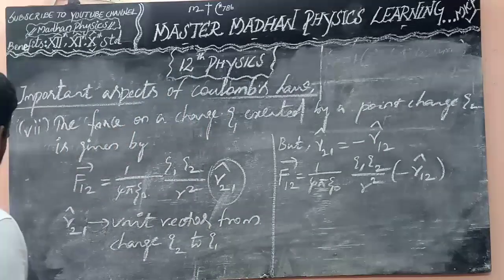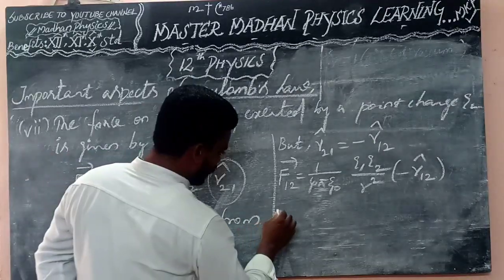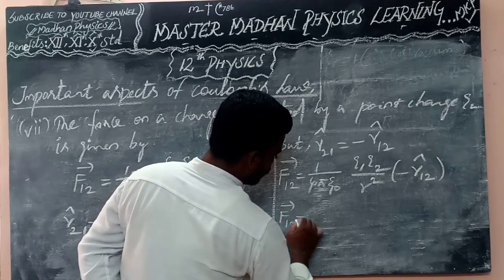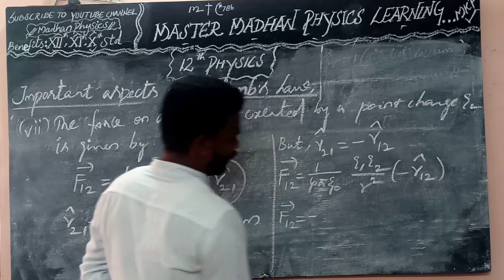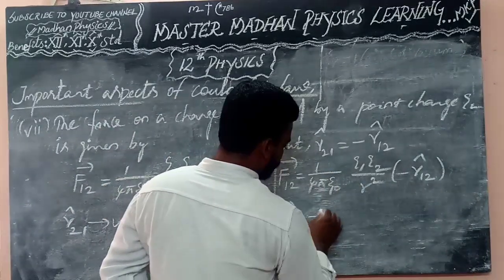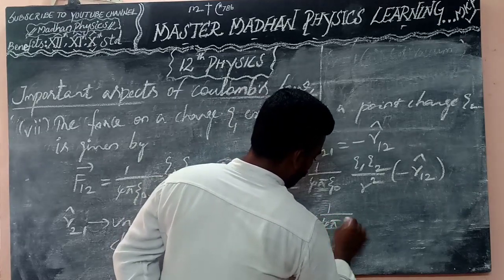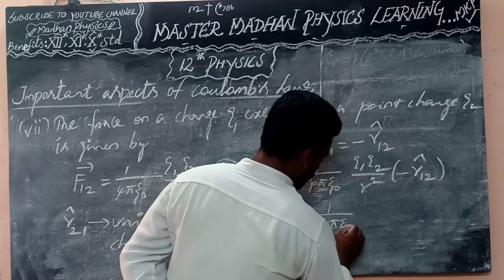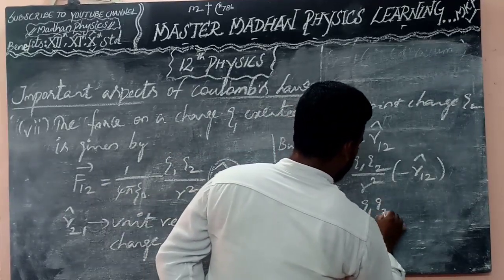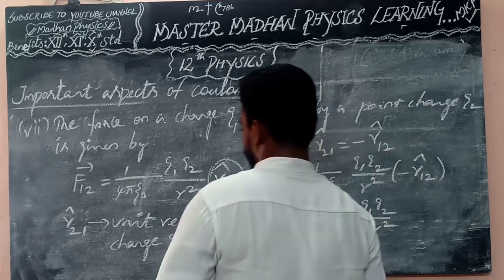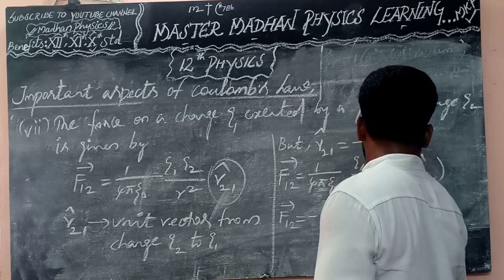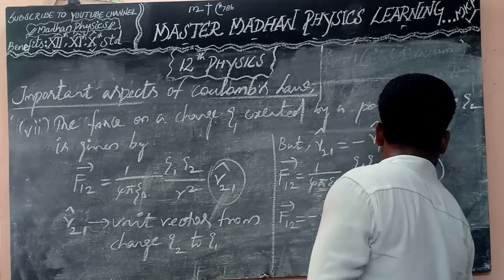So after that we form the equation: F vector 1 2 is equal to minus of 1 by 4 pi epsilon naught Q1 Q2 by R square R cap 1 2.